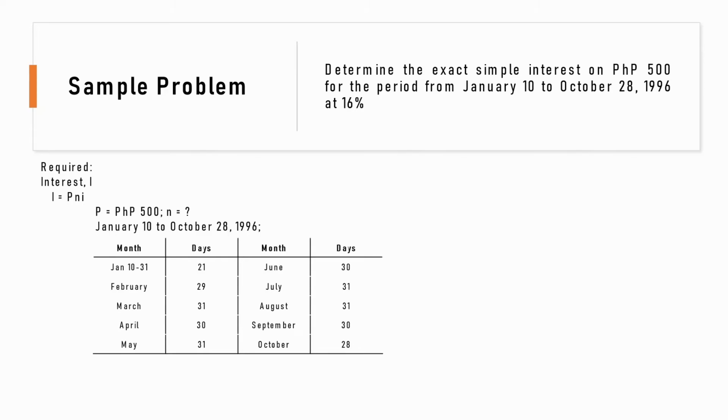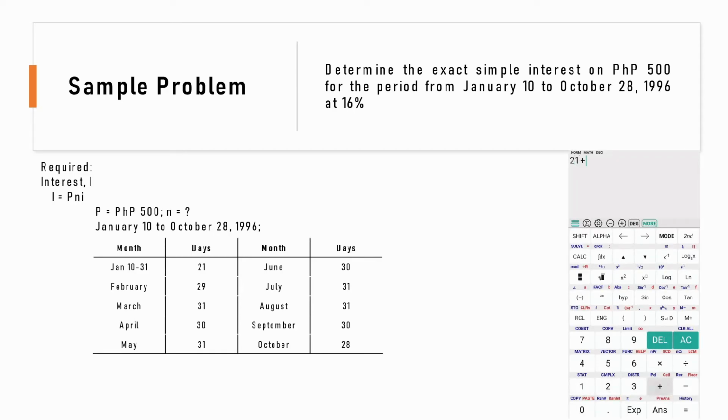So table natin for the month of January, 10 to 31. Meron tayong 21 days. Hindi natin isasama yung 10th ng January kasi yun yung start ng period mo, yung start ng pagbibilang ng number of days. So 21 days for January, 10 to 31, February, 29 days, March 31, April 30, May 31 days, June 30 days, July 31 days, August 31 days, September 30 days, and October yung 28 days.